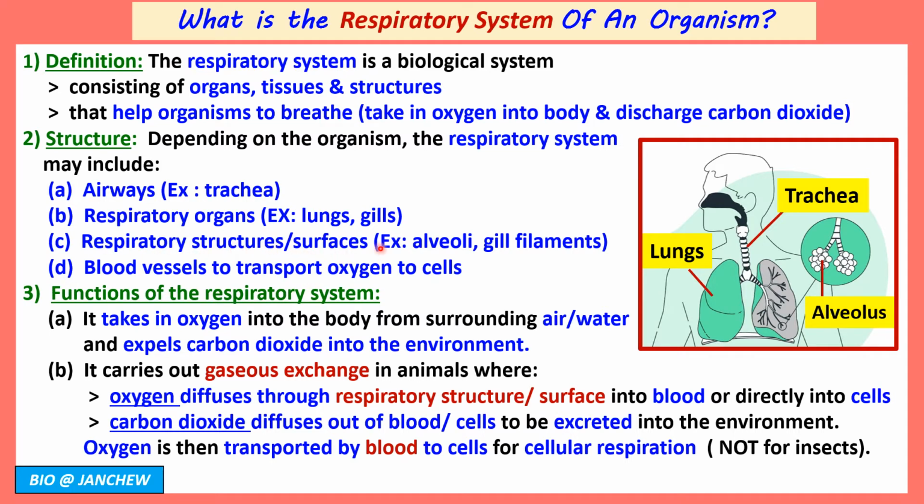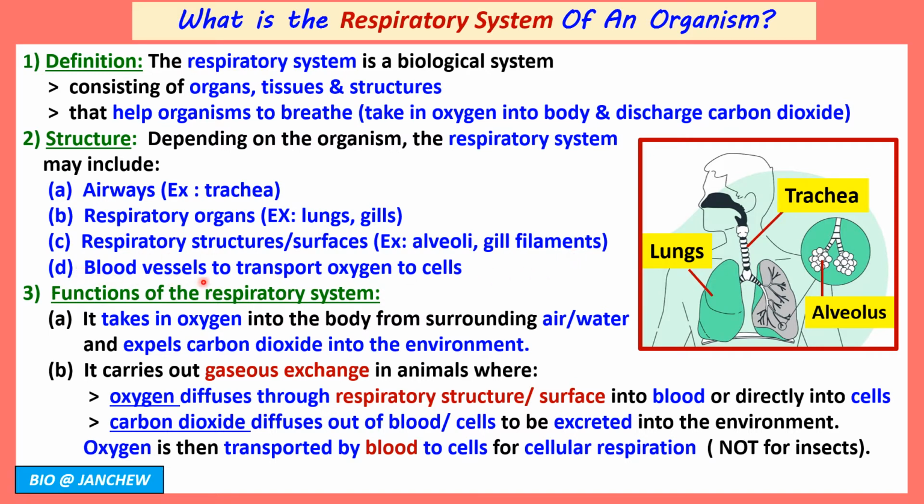The respiratory structure in the lungs of humans is called the alveolus, plural alveoli. For fishes, in the gills, there are the gill filaments that allow exchange of gases between the body and the surrounding environment.